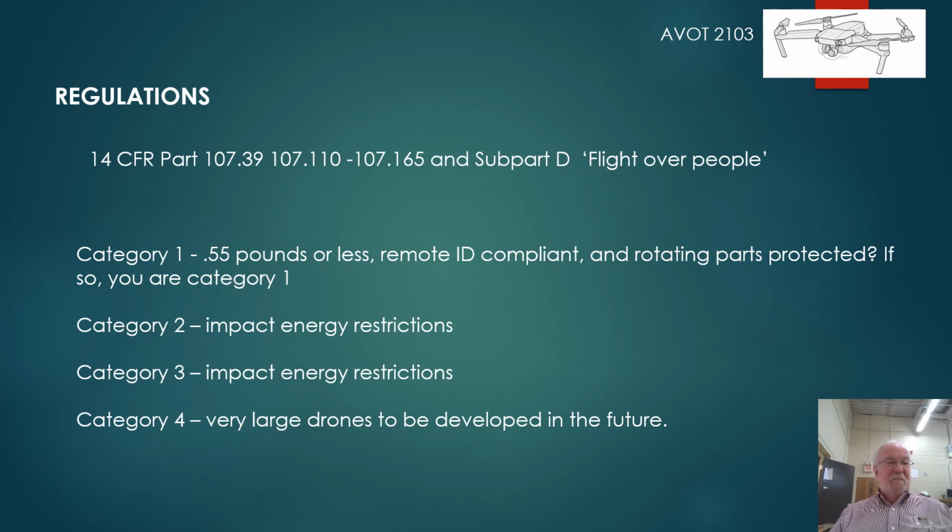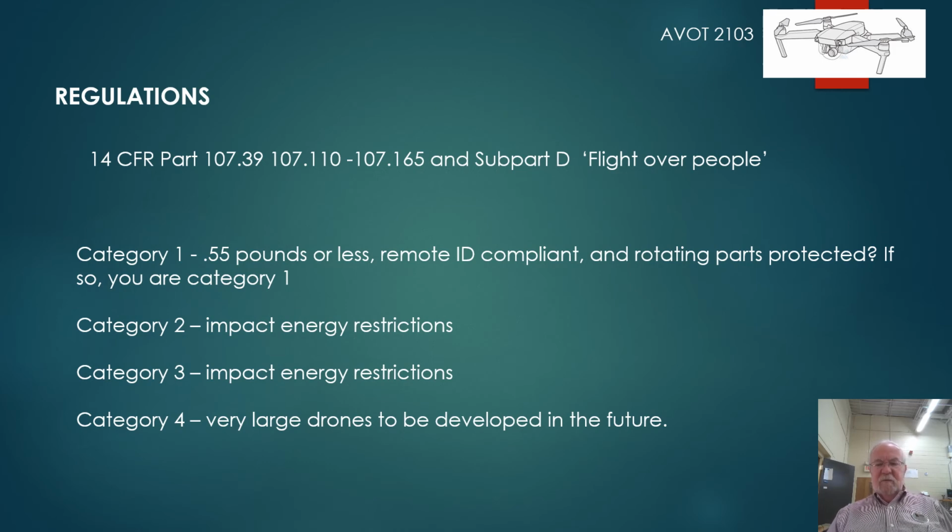Category 2 and Category 3, that's what the manufacturer does. We can't certify ourselves. The manufacturer certifies that. And there is a little exemption if you build your own drone, you can go through the application process with the FAA, but we're not going to consider that.